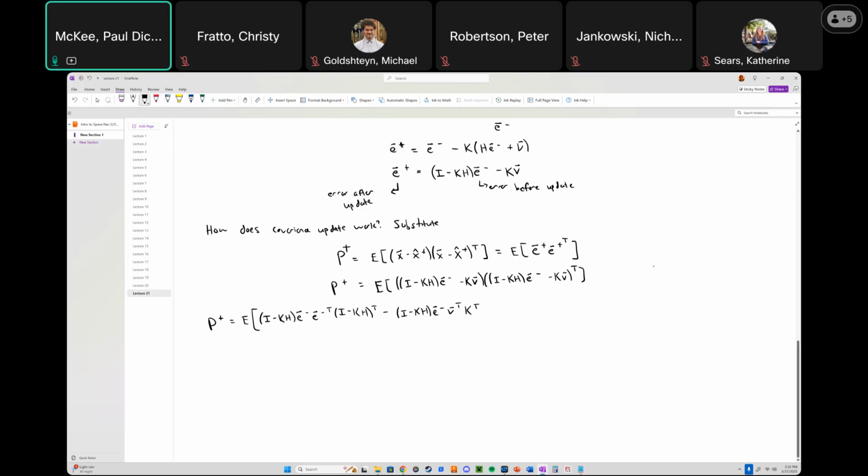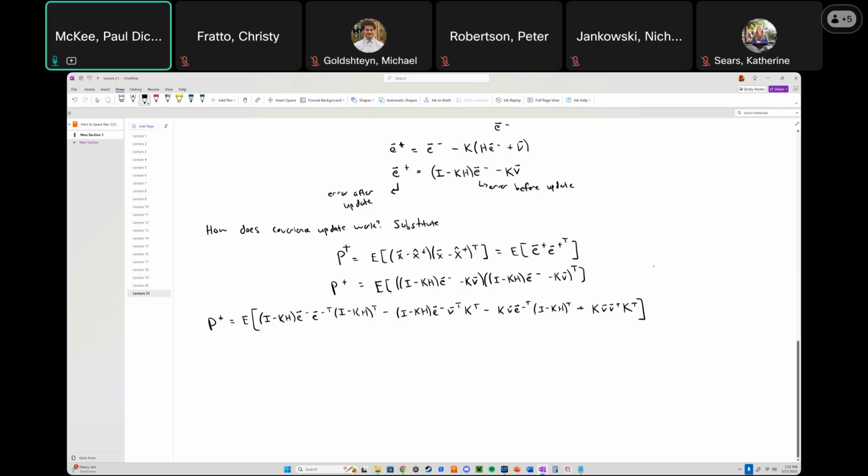And then we're going to get minus K nu E minus transpose I minus KH transpose. And then finally, our last term is going to be K nu transpose K transpose. It's the expected value of all of that.